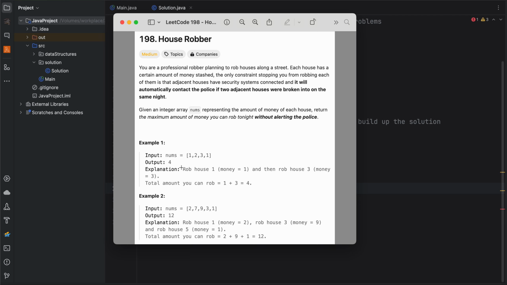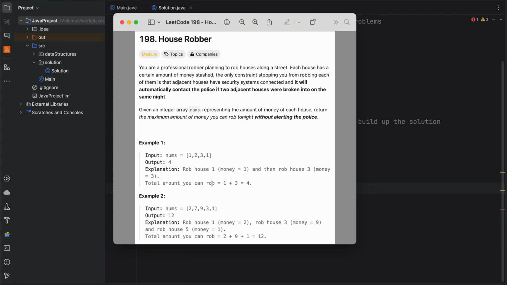So let's quickly go through a few examples. In example 1, the input array is called nums, and it contains houses with 1, 2, 3 and 1 amount of money each, and the output should be 4 in this case. Why 4?